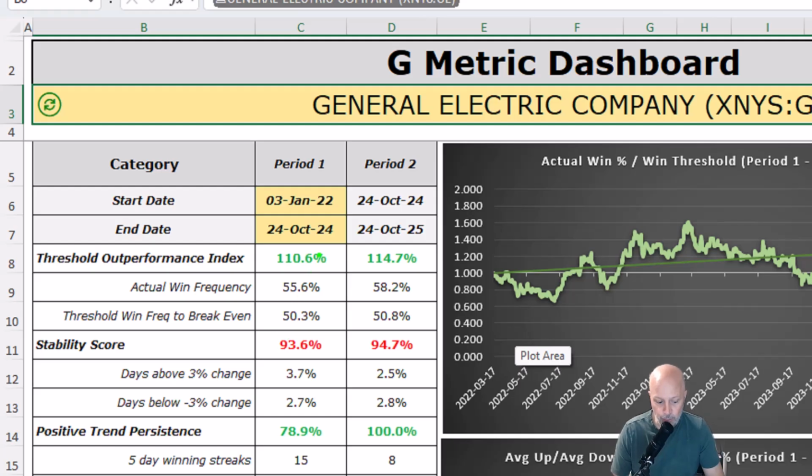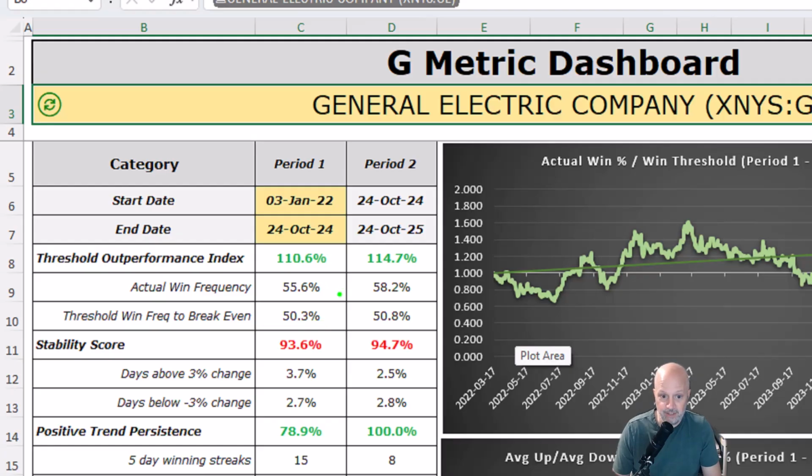From those two pieces of information, you can figure out how often the stock needs to win to have a positive trend. When you do that analysis, you can see that this stock needs to win 50.3% of the time to have a positive trend.